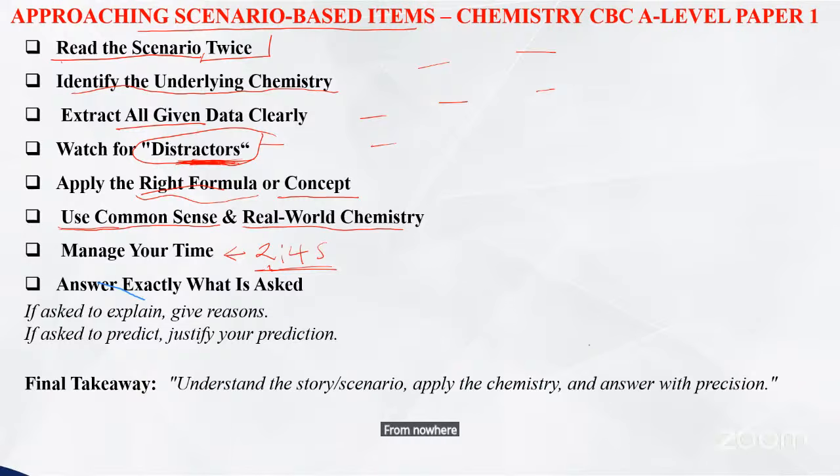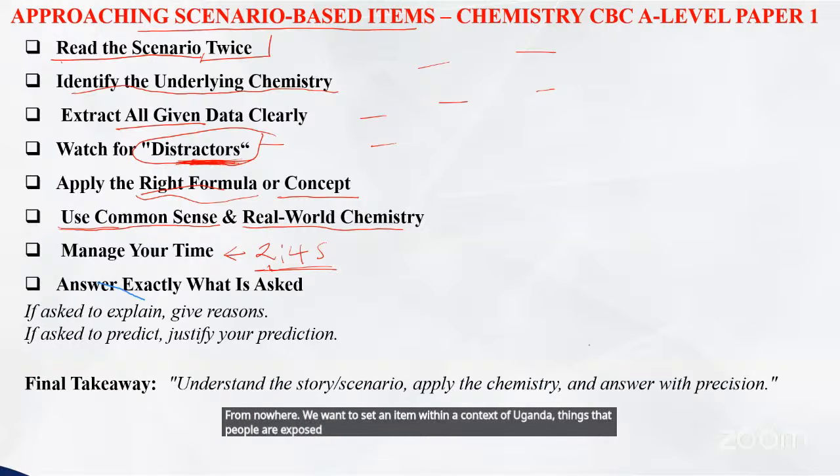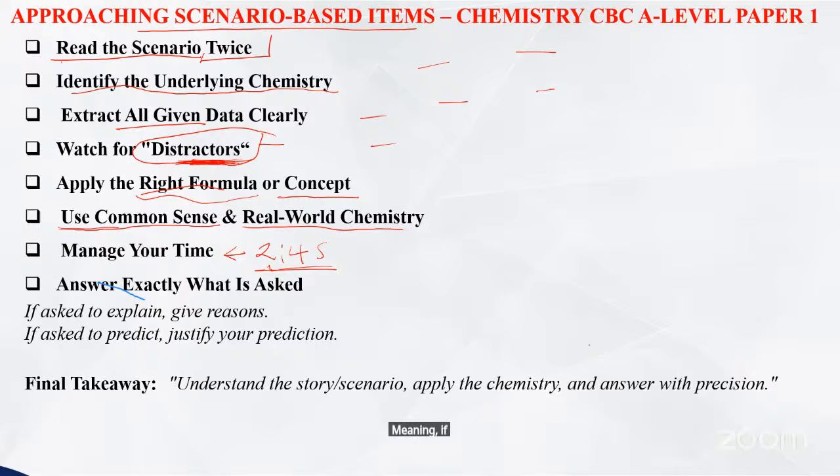We want to set an item within the context of Uganda, things that people are exposed to. Meaning, if it is industries, we're seeing industries coming up every day. If it is agriculture, we're seeing it in at least each and every family. If it is a family of 10, you'll find that among the 10 people, about 3 are doing agriculture.